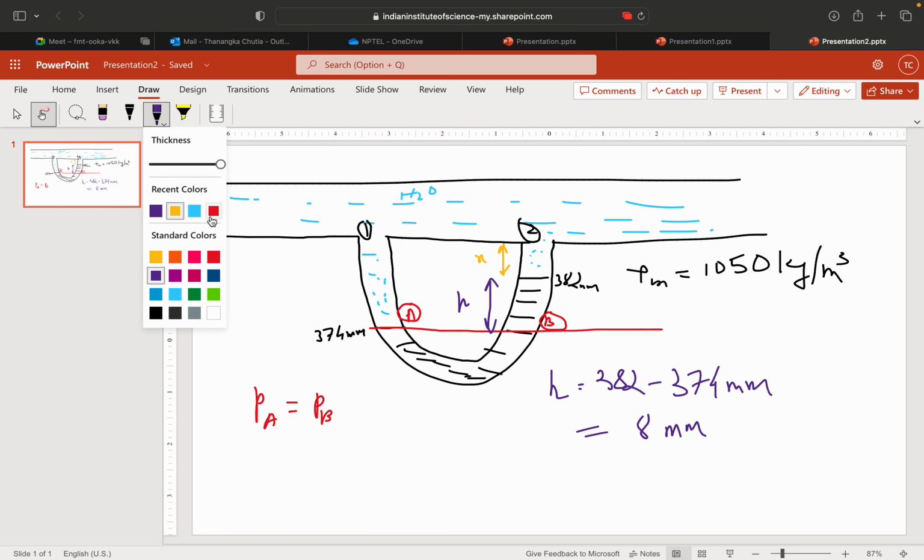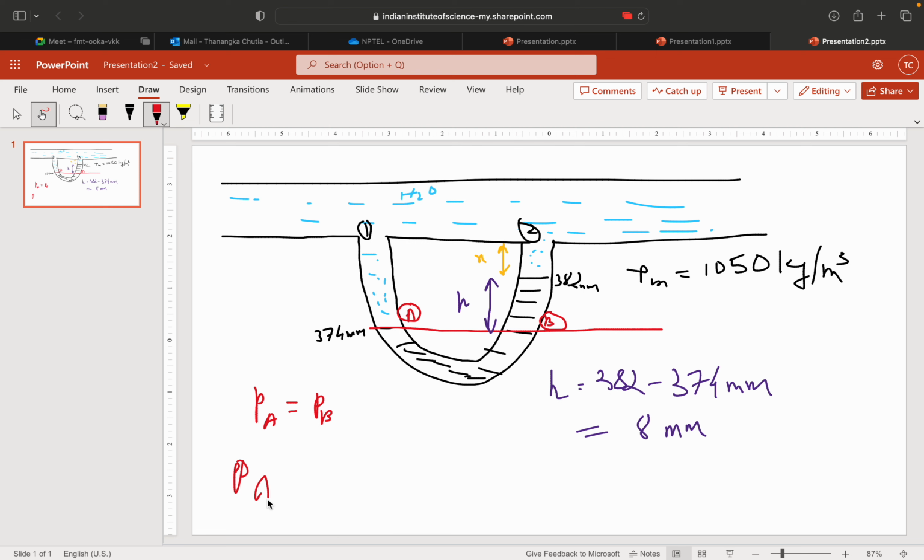Now, can I write P at A is equal to P1 plus rho W into g into (h plus x), and pressure at B as P2 plus rho W into g into x plus rho M into g into h?